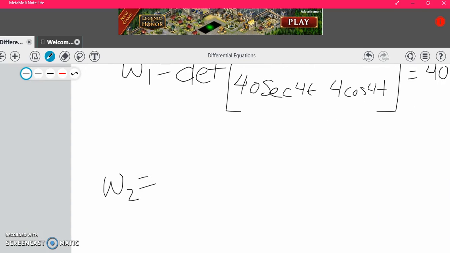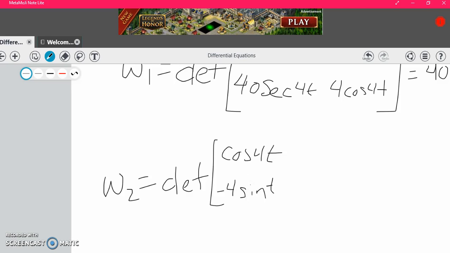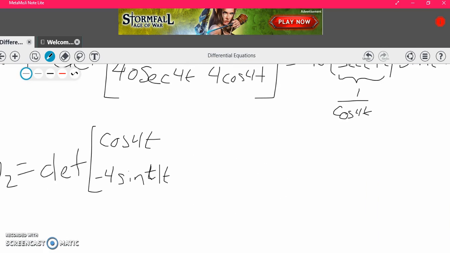Alright, W2 we basically do the same thing, or at least very similar. Your y1 still goes in the same spot, so you still have your cosine 4t here. And you got your negative 4 sine 4t here. And then our 0 and secant 4t go on the other side. I'm sorry, you have the 40 there too.